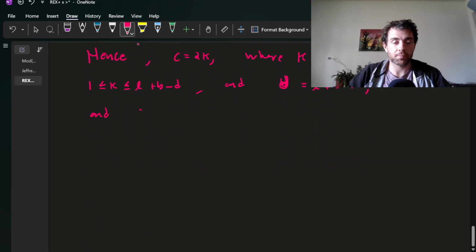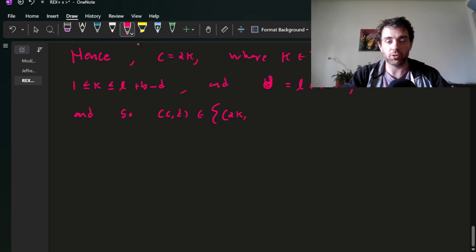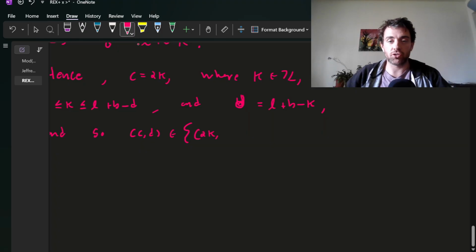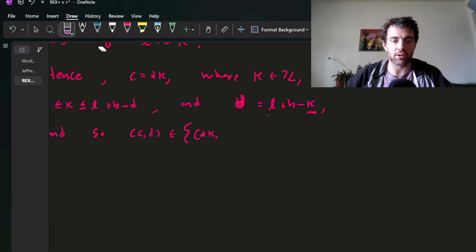And so the pair C and D is an element of the set of pairs 2k, L plus B minus k, and perhaps we should even use separate variables here, just because here I'm using this k. I've chosen a fixed particular k, right? So I might want to write this as a separate variable.